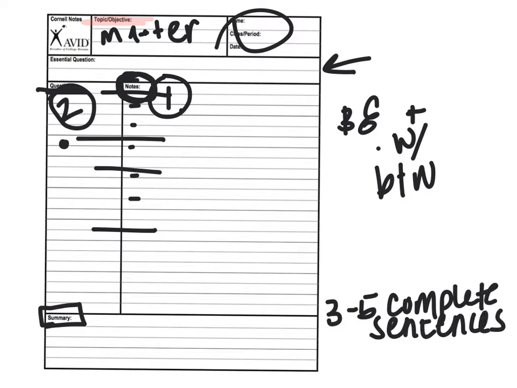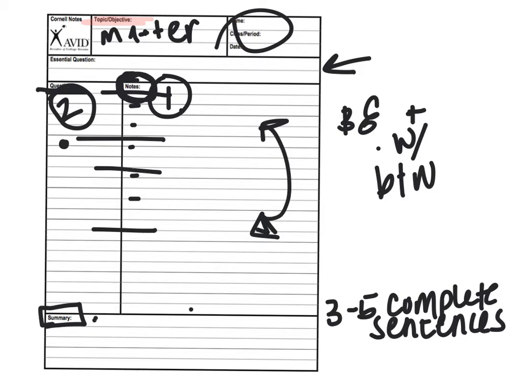You're restating all the stuff that you just learned in these notes in your own way. You're not just rewriting everything that you already wrote down in the same words. You are thinking about it in a different way and making connections between the different pieces, and then writing about it down here in the summary.